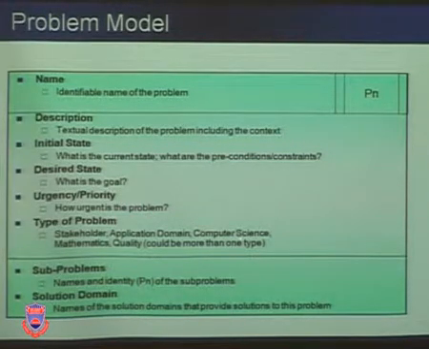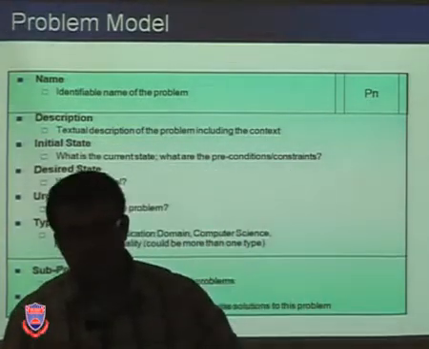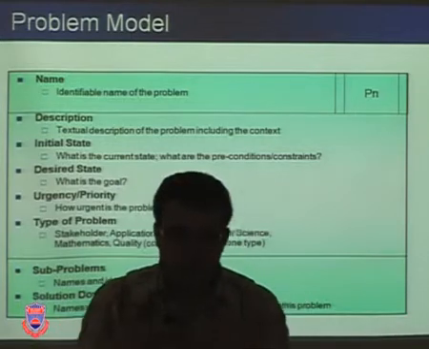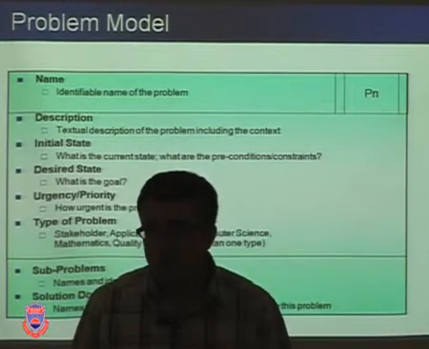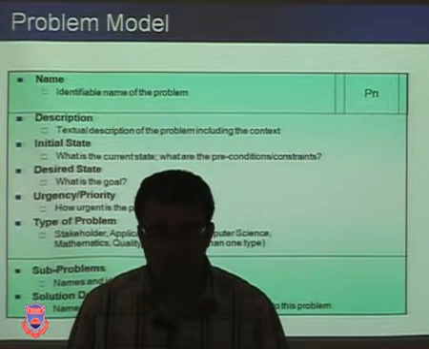Type of problem, stakeholder, application domain, computer science. And the problem could have sub-problems and solution domain. And here actually we match. If we define this is the problem, and then we try to identify the related domains.